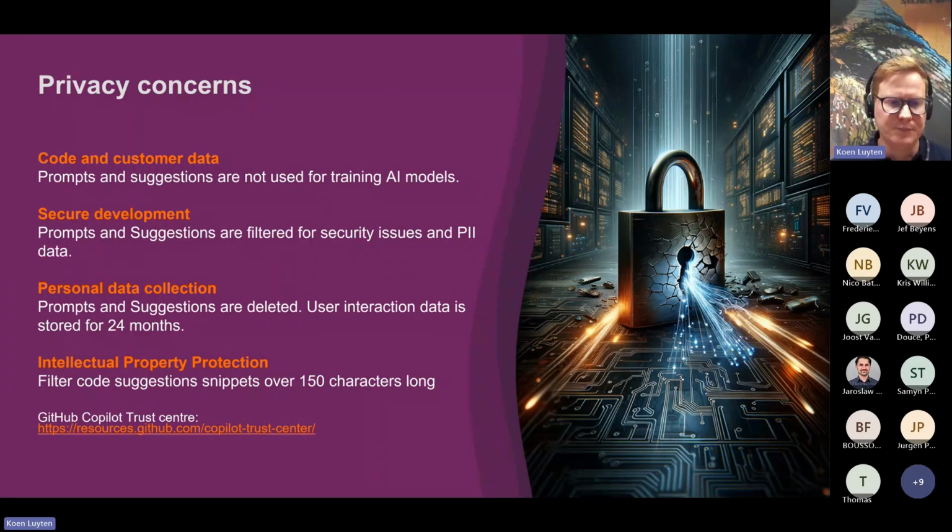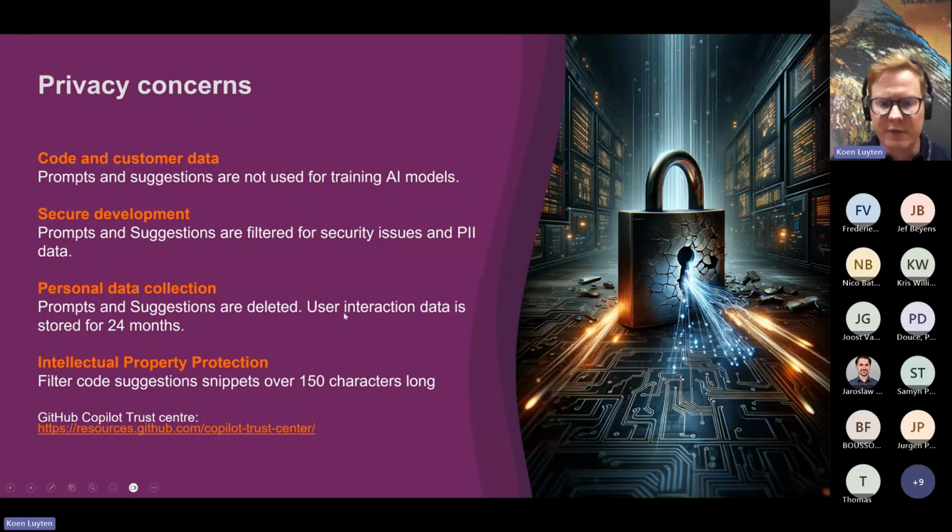So first of all, with the business license and the enterprise license, as I said before, your prompts and suggestions are not used to train a model. They are being sent to the tenant of GitHub, but everything, once the code generation has been done and the filtering has been done, is deleted. So there is no trace of these prompts and suggestions.